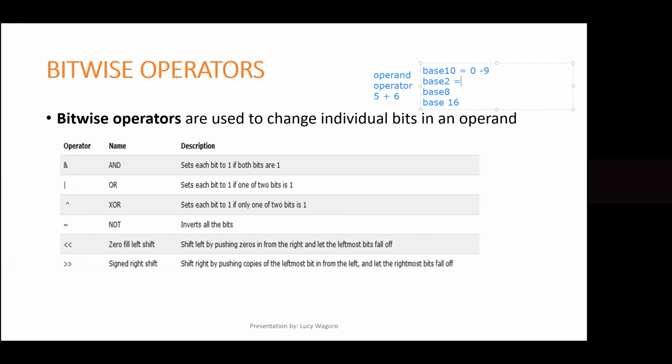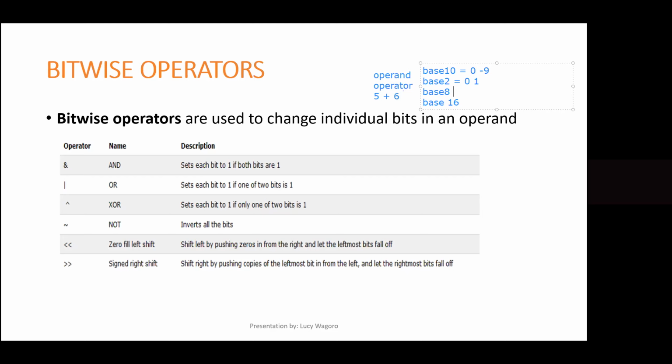Base 2 contains only 2 unique symbols, 0 and 1. So even if you are counting from 0 to a trillion, you will just be changing between 0 and 1. There is no day when you are counting in base 2 that you will mention a number 2. You will just be counting from 0 to 1.